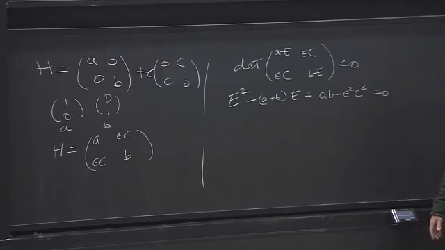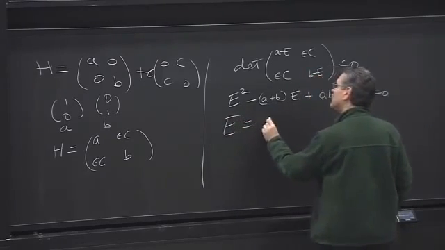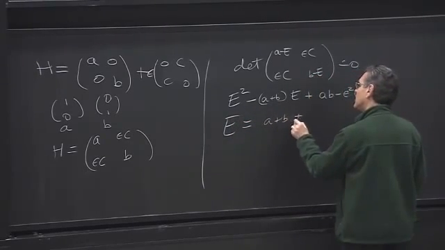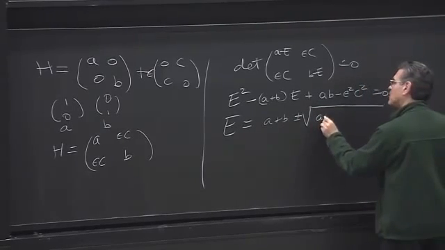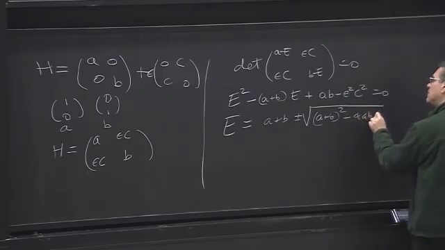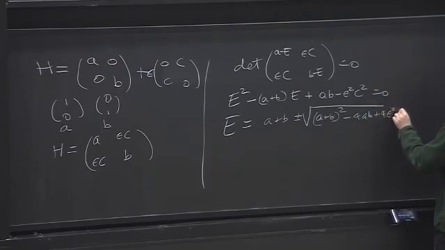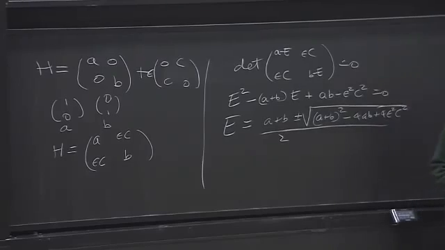And I hate to do this, but I'm going to use the quadratic formula. E is equal to A plus B plus or minus the square root of (A plus B) squared minus 4AB plus 4 epsilon squared C squared, over 2. Those are the energies.